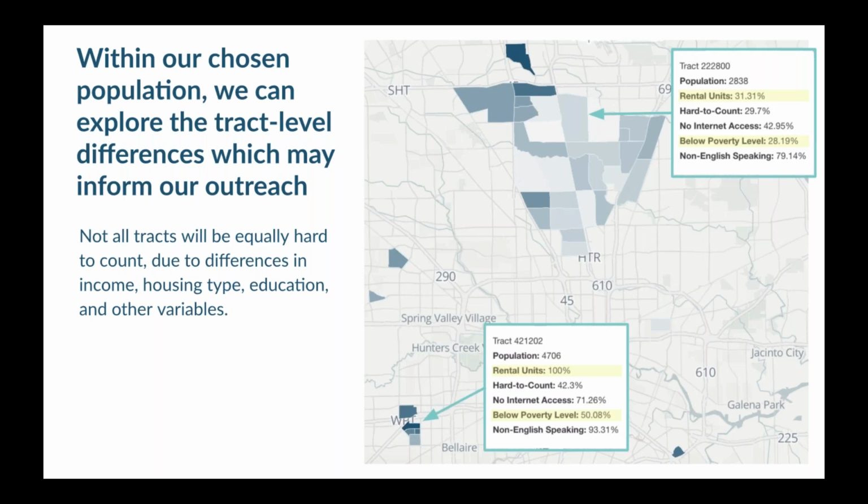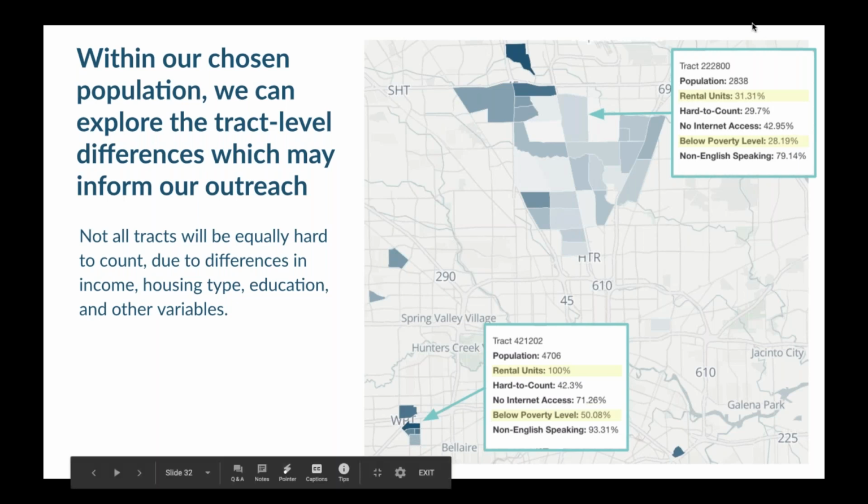You can see that within this, some tracts are very dark navy, those are harder to count, and some are lighter. And when we start looking at the actual data about the tracts, we can understand what is causing that variation.